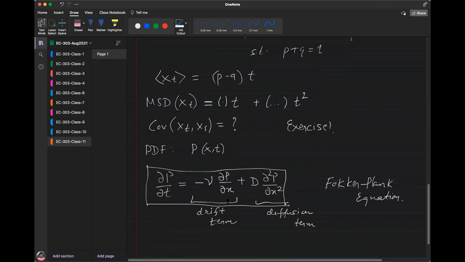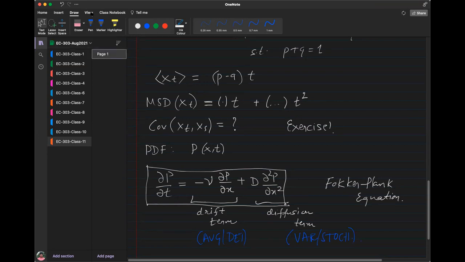But the drift diffusion equation is also used to mean slightly different things in different contexts, but broadly they all mean the fact that drift represents something deterministic or an average, whereas diffusion is variance or the stochastic component of the entire process.